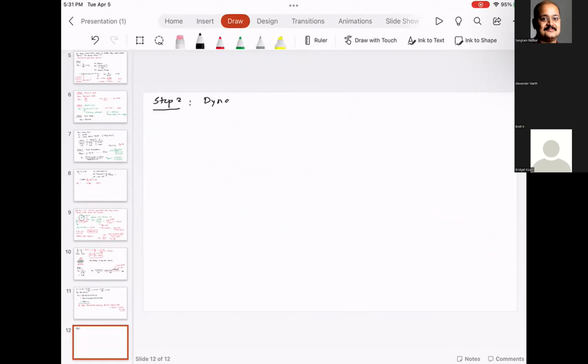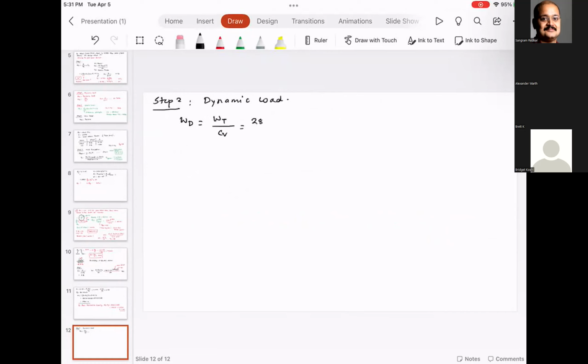So dynamic load is nothing but Wd is equal to Wt divided by Cv.